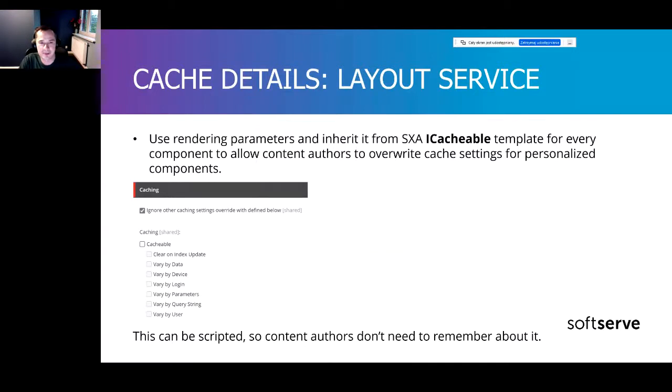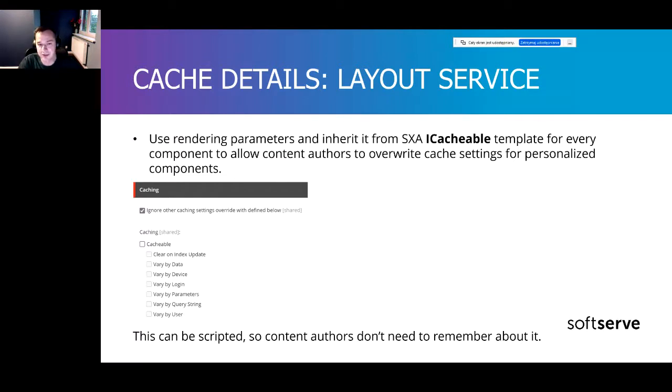Okay, some details. I mentioned the personalization issue with Sitecore caching. We address it with SXA as well. In SXA, you can inherit your rendering parameters from the ICacheable template, and we did it for every component.